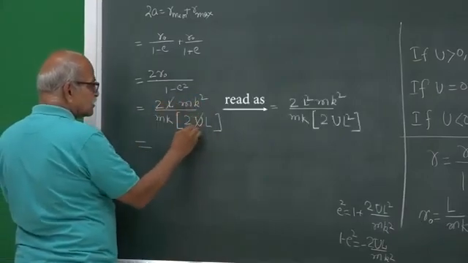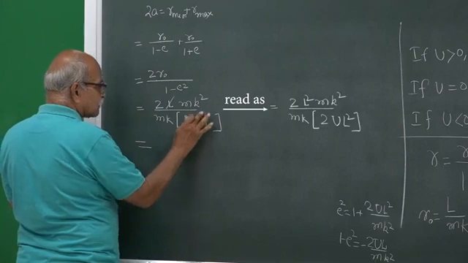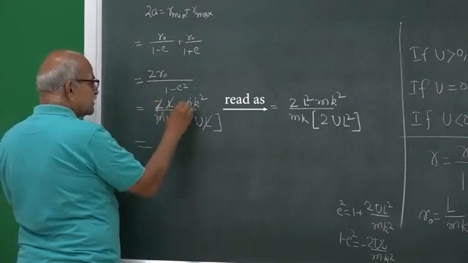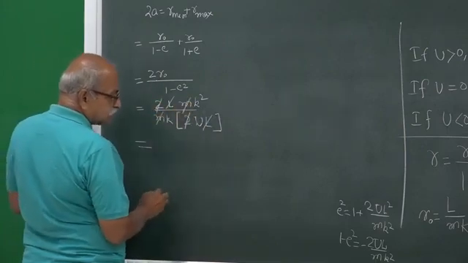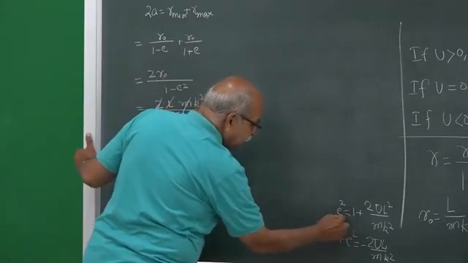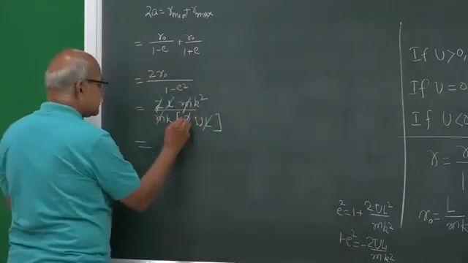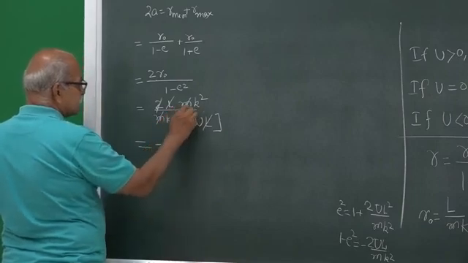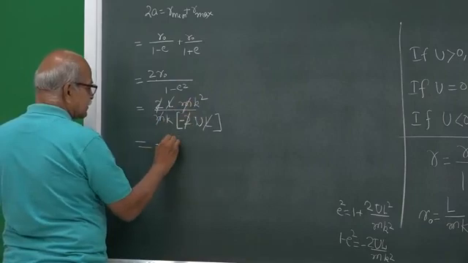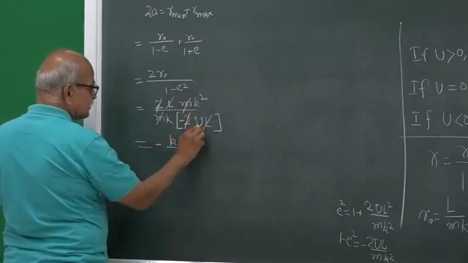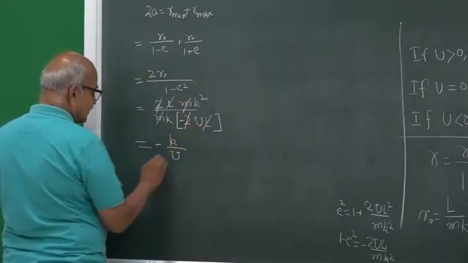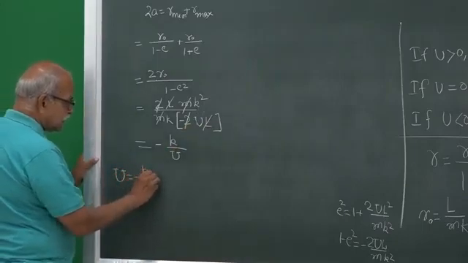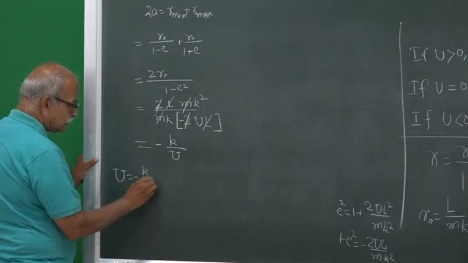L cancels out, 2 cancels out, m cancels out, and this is just 1 minus E square, minus of this. So, it is minus here, and then k here, one k cancels out, and divided by u here. This is it. So, u is equal to minus k divided by 2a.